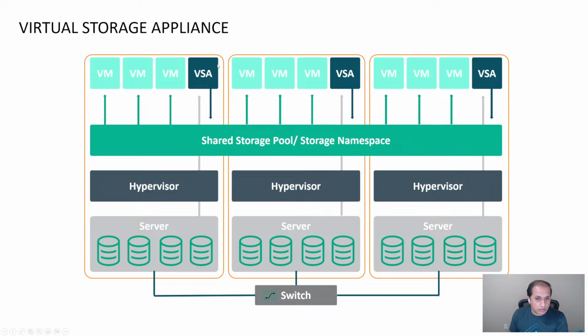At the same time, it contacts the other VSA and stores another copy in another server. So you have the same copy of data on two servers, and based on the redundancy level that you set on the HCI solution, you can also have multiple copies of the same data. Even if one of the nodes goes down, you still have the data available on other nodes in the same cluster.